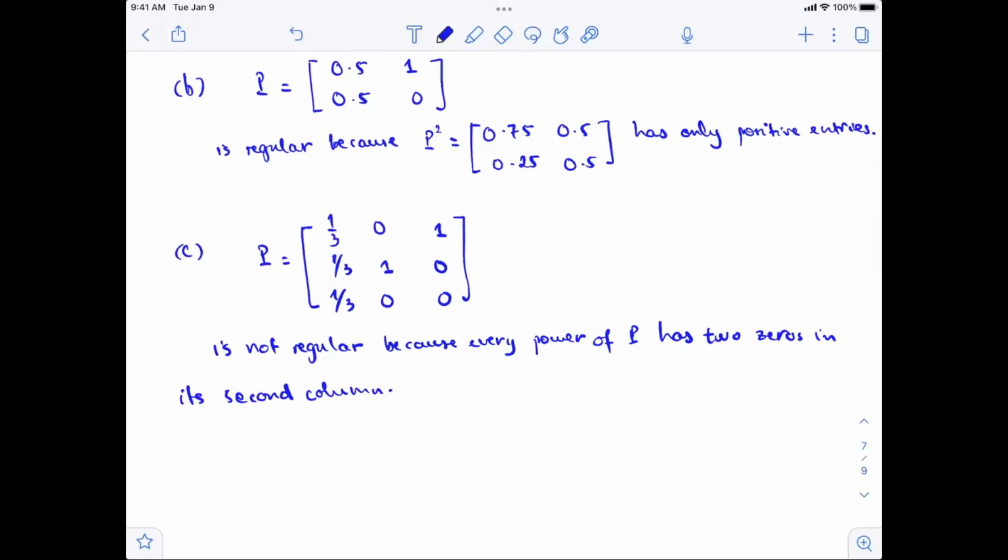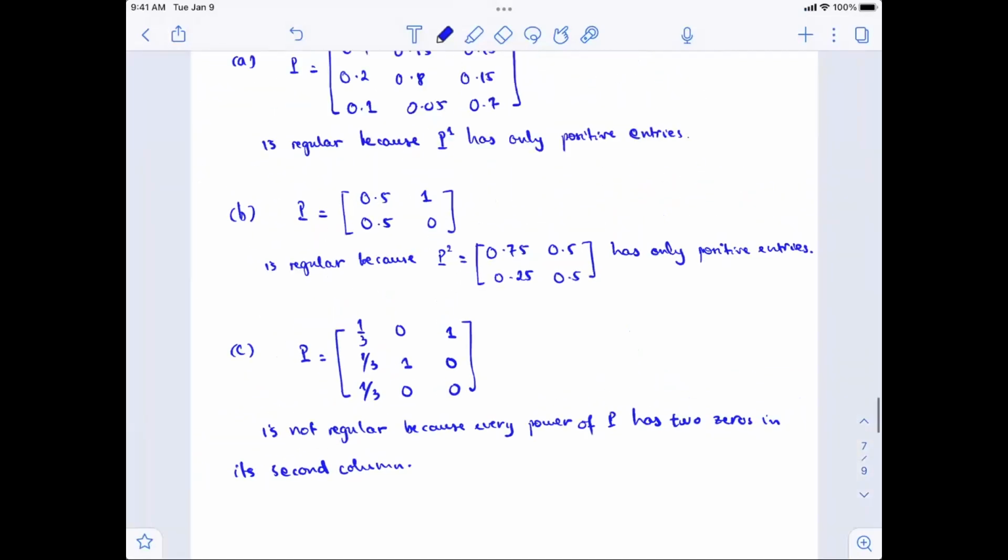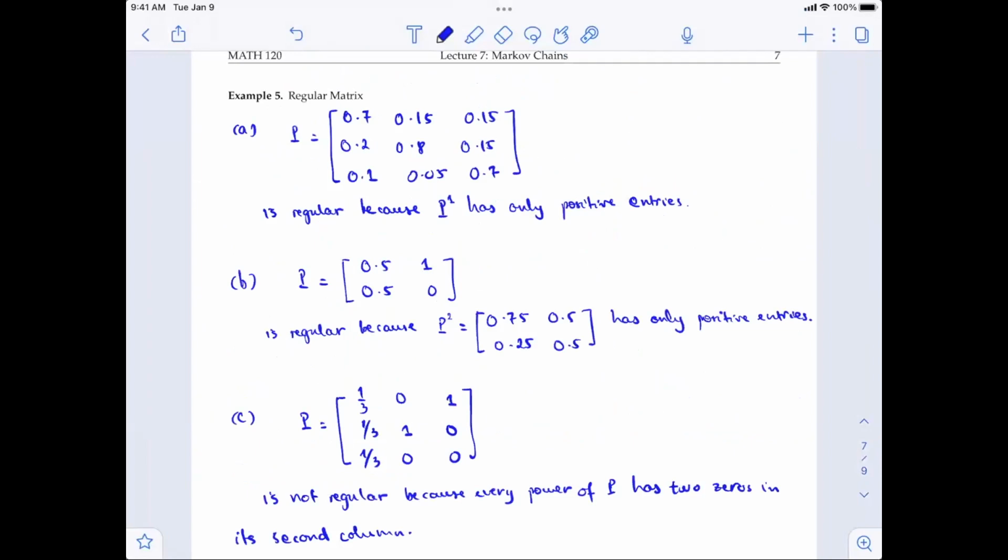We can actually verify that by working out P squared, P cubed, P to the 4th, and so on. We don't have to work out the details for that. I just want to give you the examples to help classify whether a matrix of transition probabilities is regular or not.